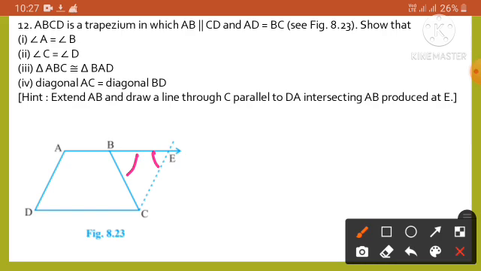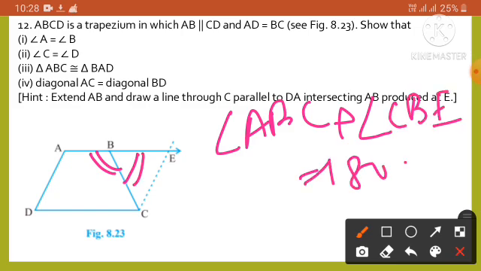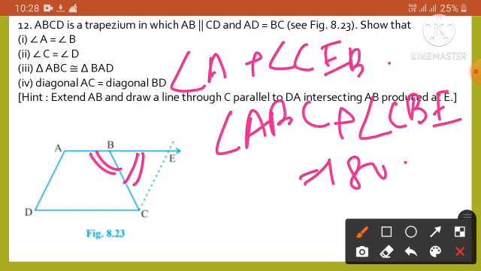Okay, also angle ABC plus angle CBE is equal to 180 degrees, as a linear pair. And also angle A plus angle CEB is equal to 180 degrees, because these are co-interior angles of parallelogram ADCE.